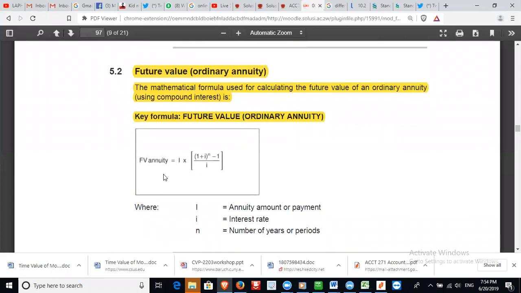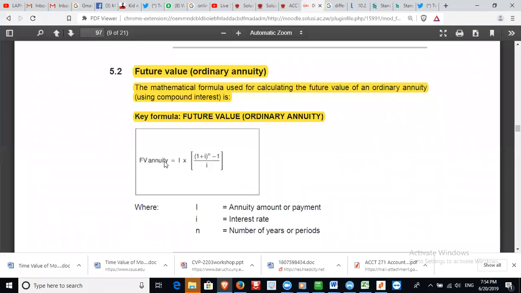Then we have future value of an ordinary annuity, that is the amount that you'll be getting annually. The mathematical formula used for calculating the future value of an ordinary annuity using compound interest is as follows.